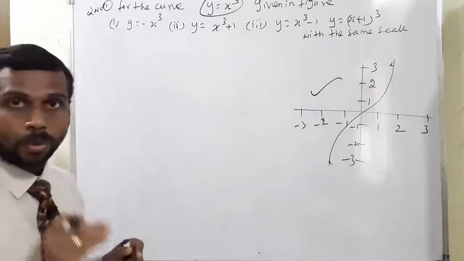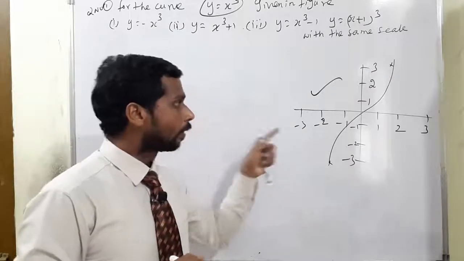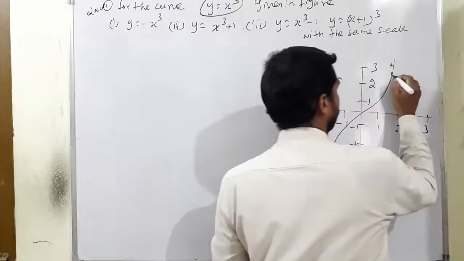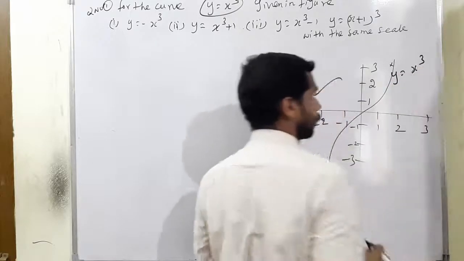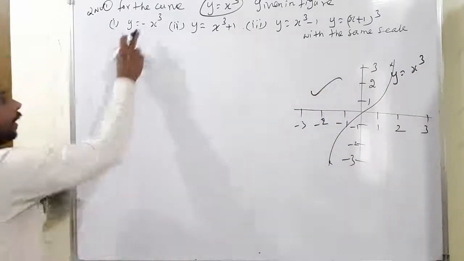Already I explained the concept. Reverse order, this is positive x cube, isn't it? The given figure y is equal to positive x cube means definitely here negative is there.